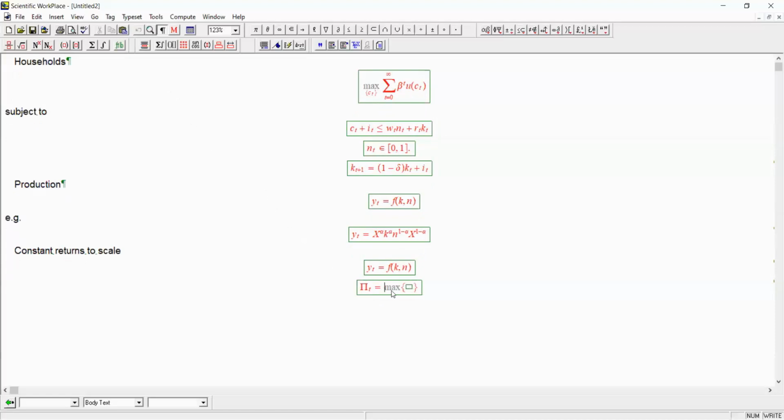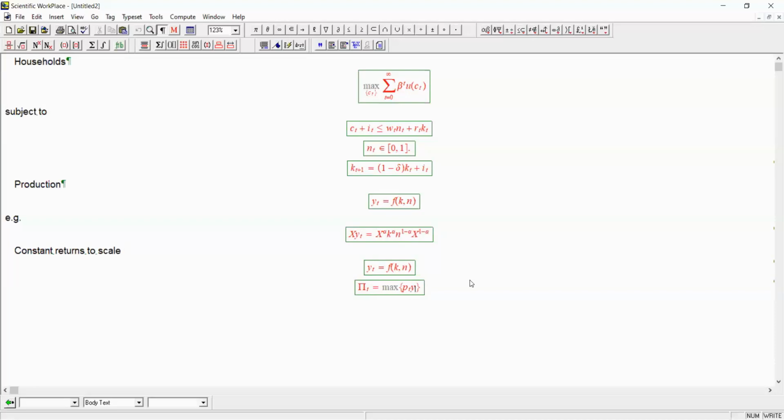Its profits are that. And what it does is that it's trying to maximize, well, profits, of course, the revenues minus costs.